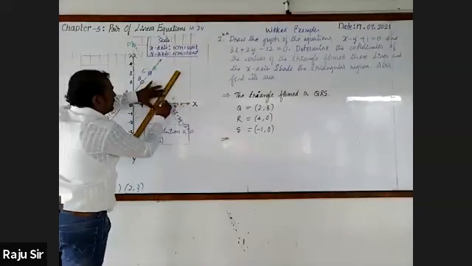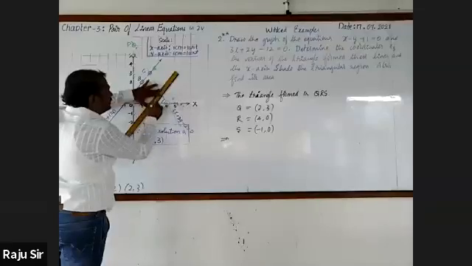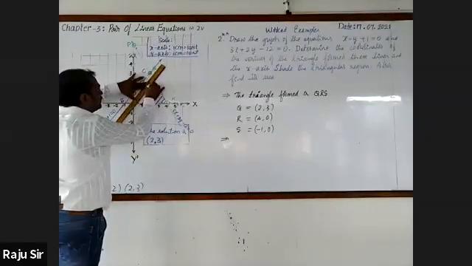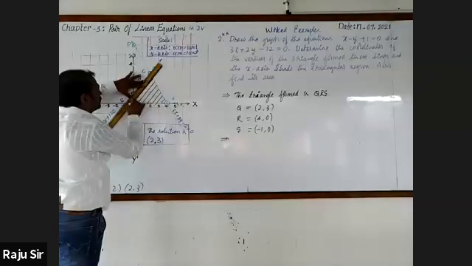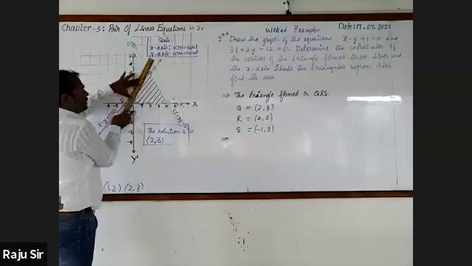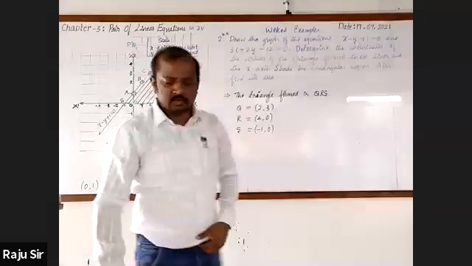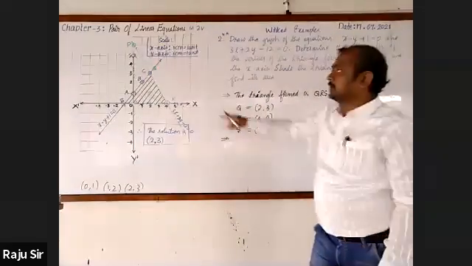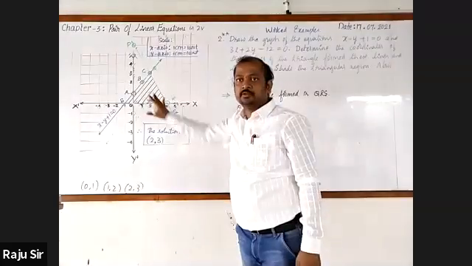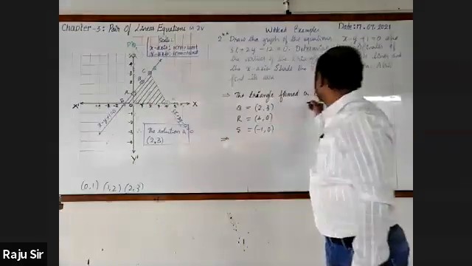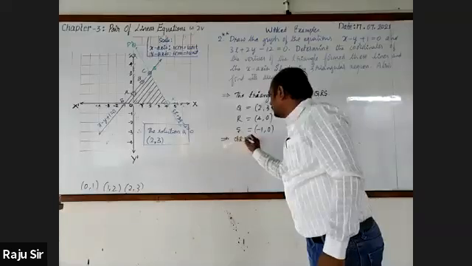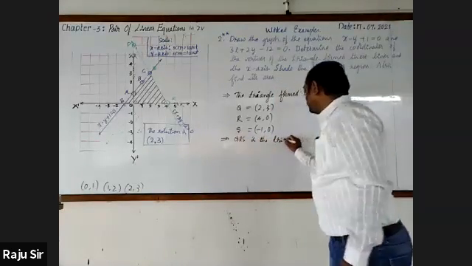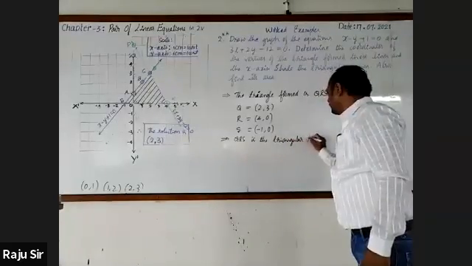Shade it neatly. This is the triangular region. You must shade properly, not just rub casually, don't do it that way. Here again, QRS is the triangular region.